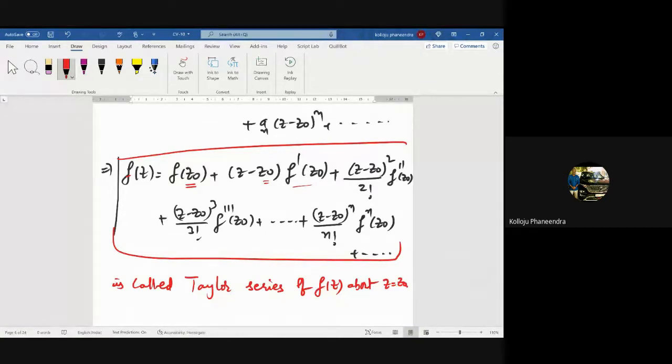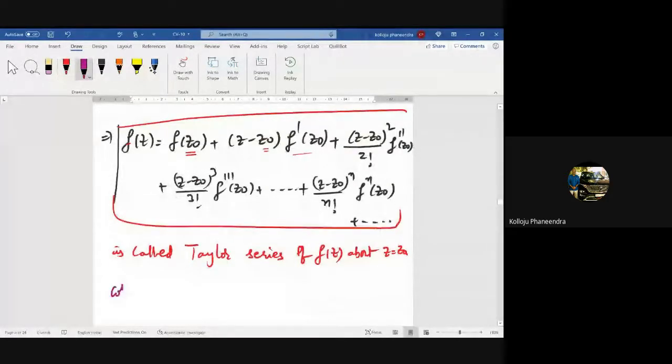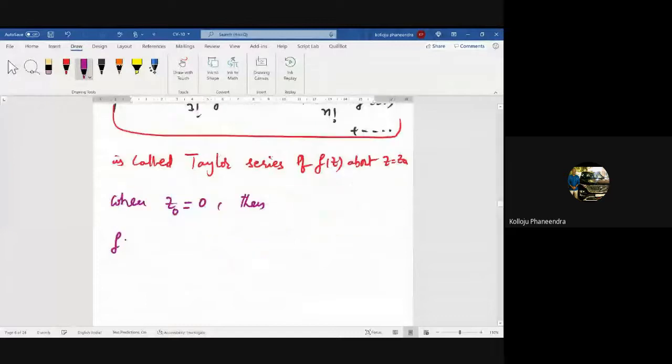Now this is the formula. When z0 equals 0, then what does the series become? See, f of z equals f of 0 plus, you know this, z into f dash 0. Previously x terms were there in real variables. That is the Maclaurin series, right?